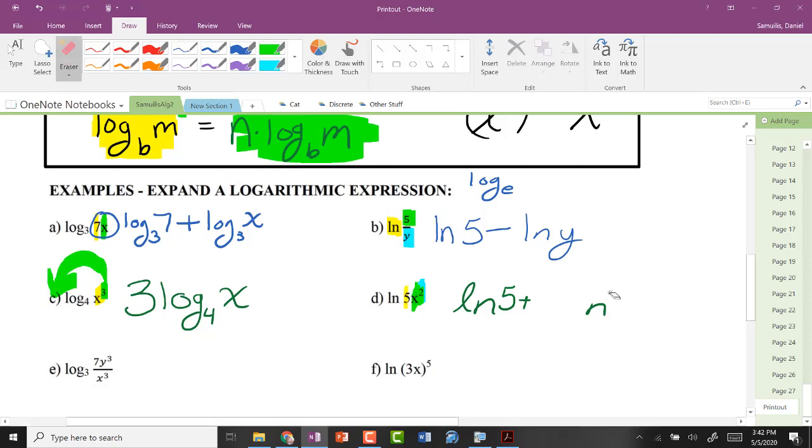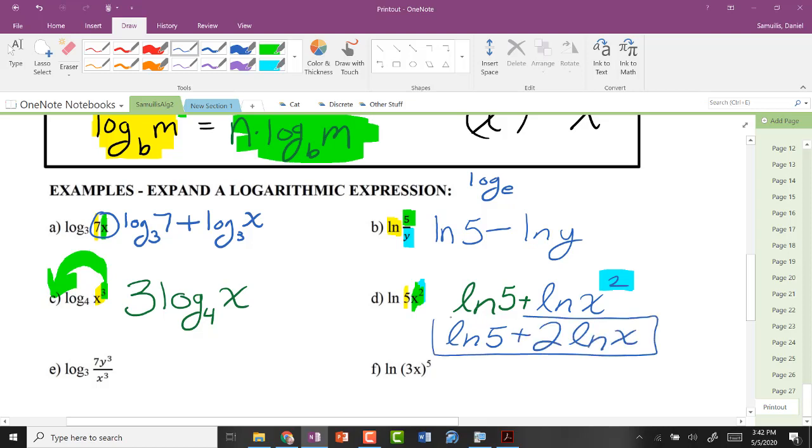Let me redo this really quick so that you can see it. So we have natural log of 5 plus the natural log of x squared. I just split the two terms. But if one of those terms has a power, you need to use the power rule. So that's where it's going to come to the front. So plus 2 natural log of x.